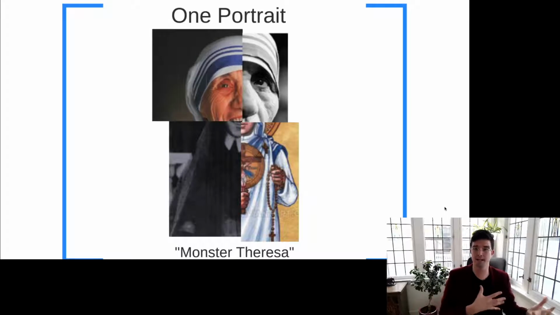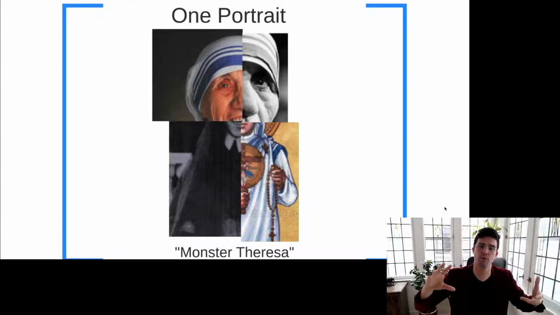Having different accounts or different pictures of a person can get at different aspects of that person's life, and when we try to smush different portraits together into one composite portrait, it actually obscures more about that person than it reveals.